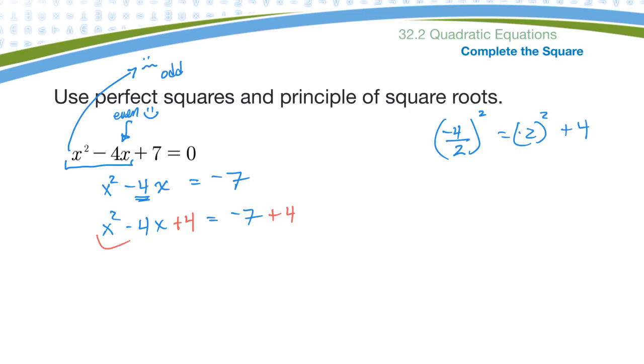Now I factor this into two things that multiply to 4 and add to negative 4, which are minus 2 and minus 2. Notice that these are the same. That's what we want, because now I have something squared, since I can write both of them as (x minus 2) squared. And this is equal to, that's not that good, a negative number. That's all right.